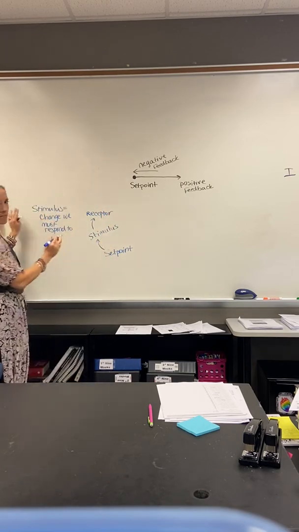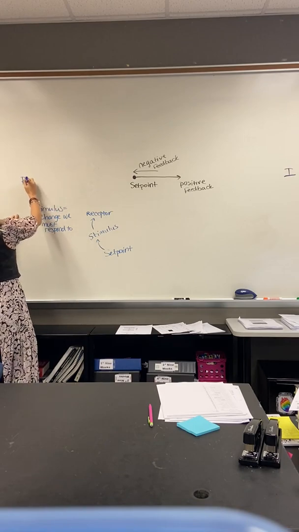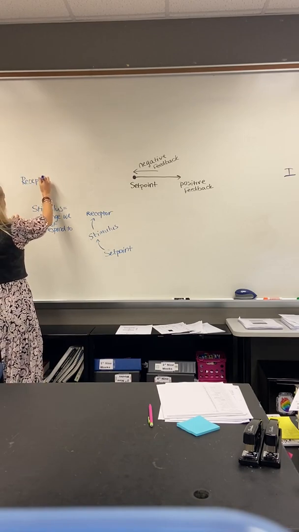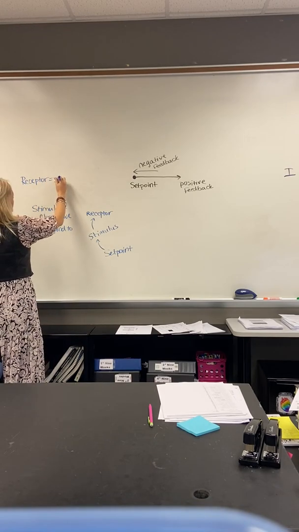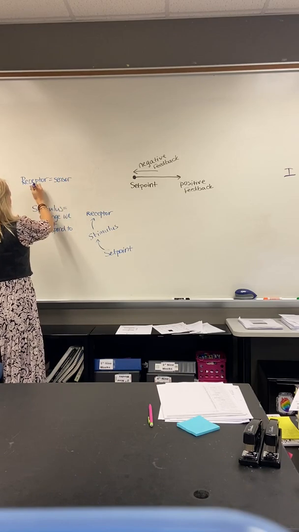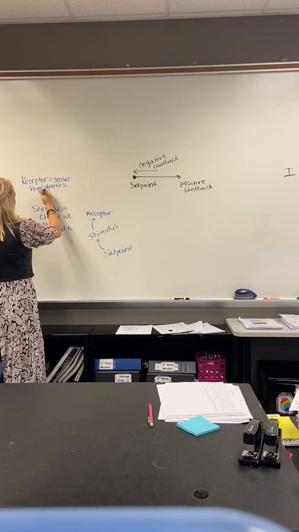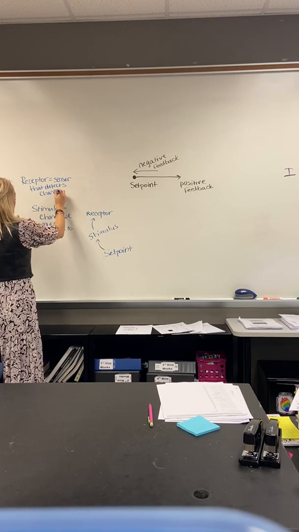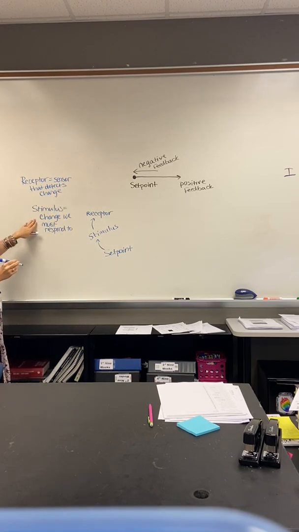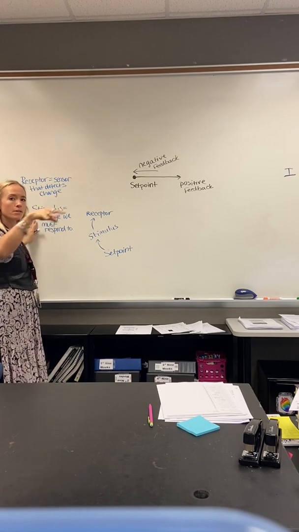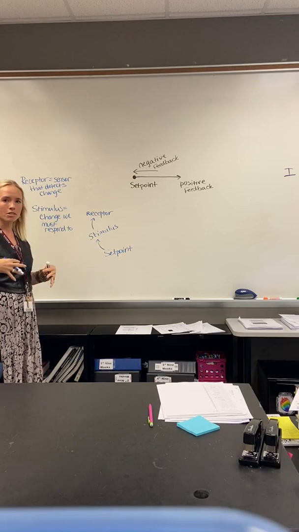Going back, this is another vocab term. The receptor is the sensor that detects the change. And keep in mind, this stimulus, this change that we respond to, can be an external stimulus, but it can also be an internal stimulus.